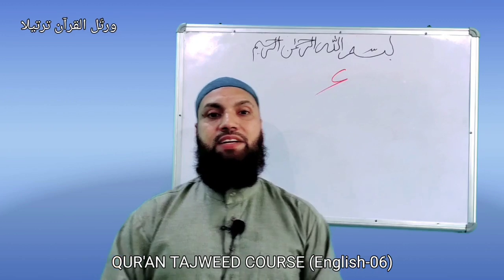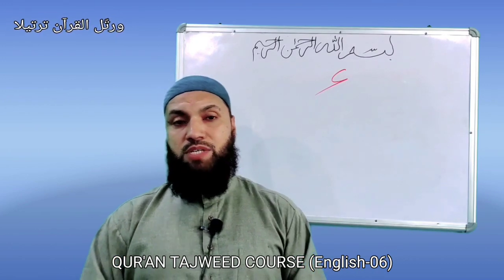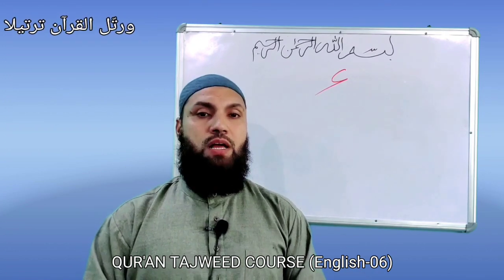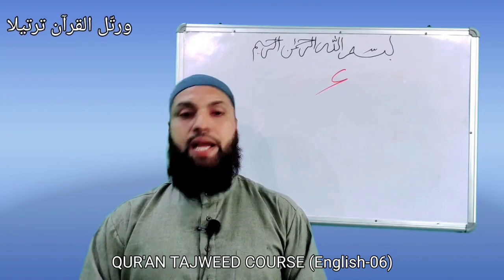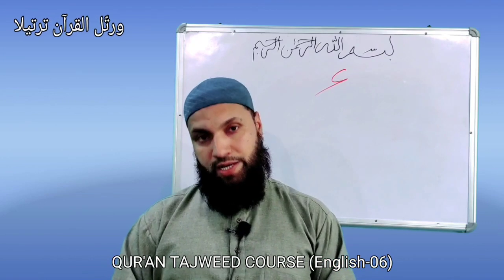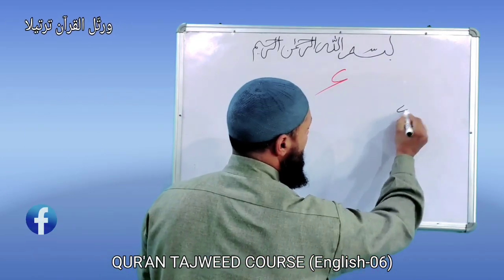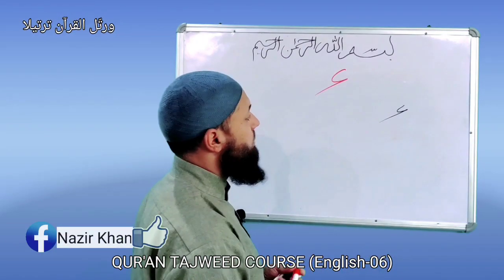The reason behind that is if we write hamza and join it with any other letter, it will not look like hamza, it will look like the head of ayn and we will easily confuse it with ayn. Let's see how it happens. For example, we write hamza and try to join it with ra.